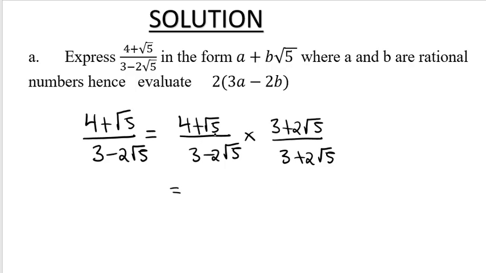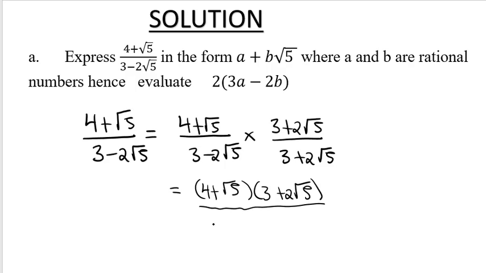Therefore, we have two fractions here. Numerator multiplies numerator, denominator multiplies denominator. So we have 4 plus root 5 multiplying 3 plus 2 root 5, all over the denominator 3 minus 2 root 5 multiplying 3 plus 2 root 5. With this we use a normal binomial expansion.